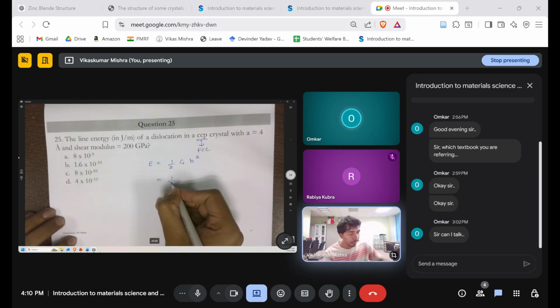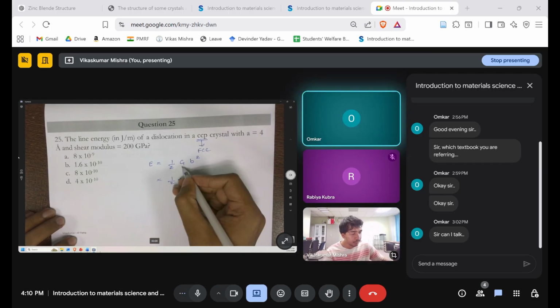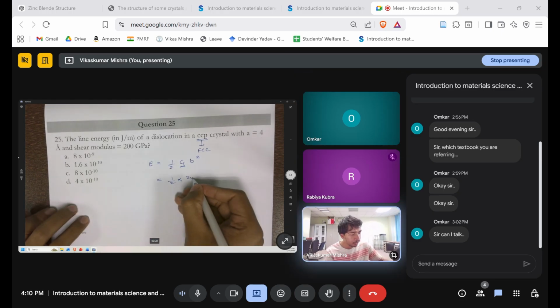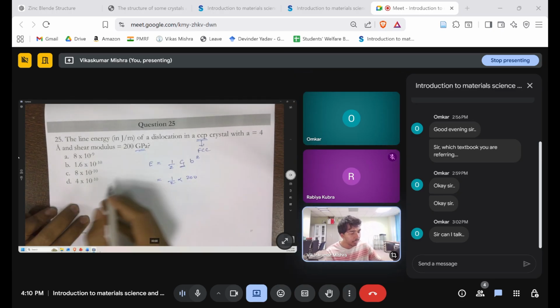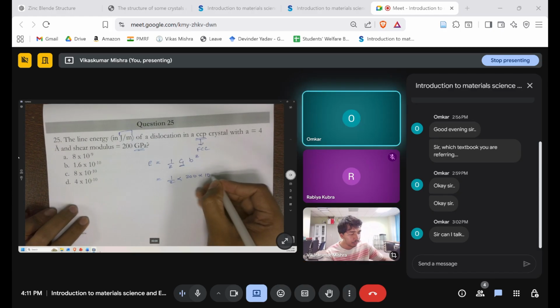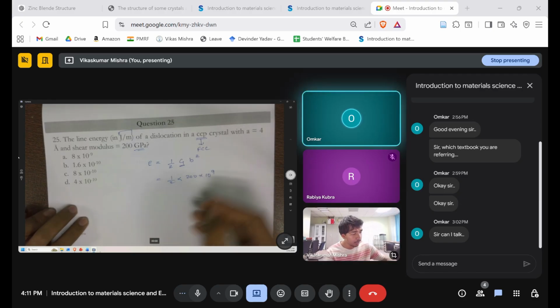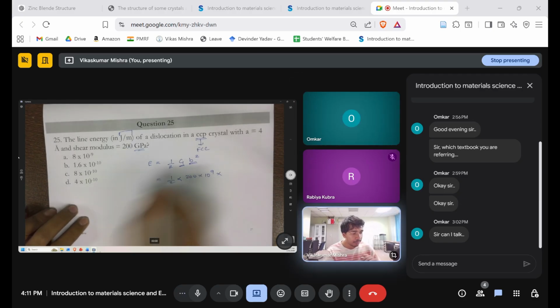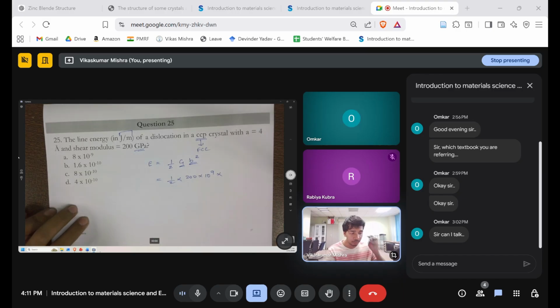What is G? G is 200 gigapascal given to us, and we need to find it in joule per meter. We will convert it to the SI unit. We will multiply by 10 to the power of 9, multiplied by B square. B is the Burgers vector we have to find.